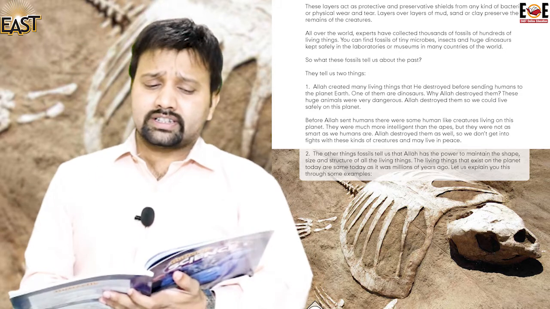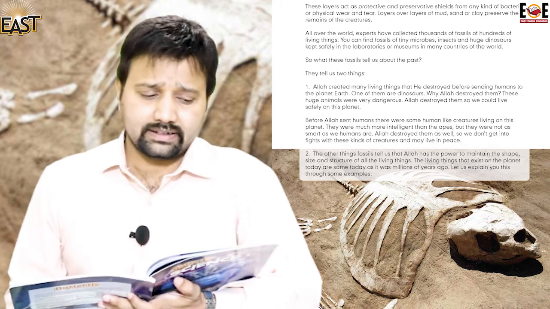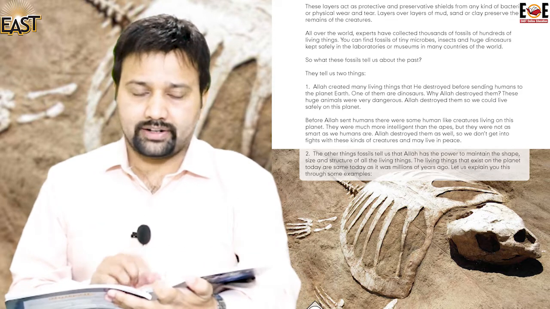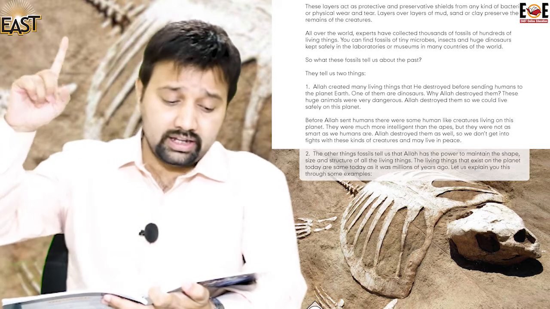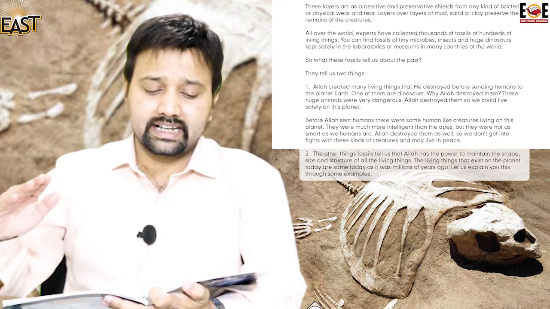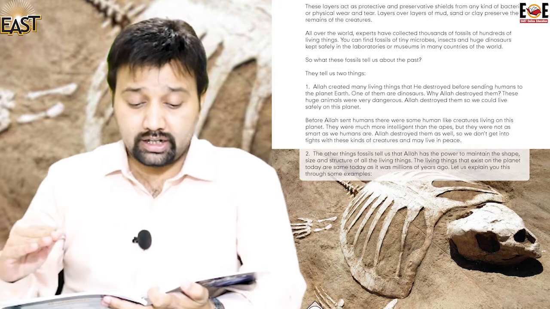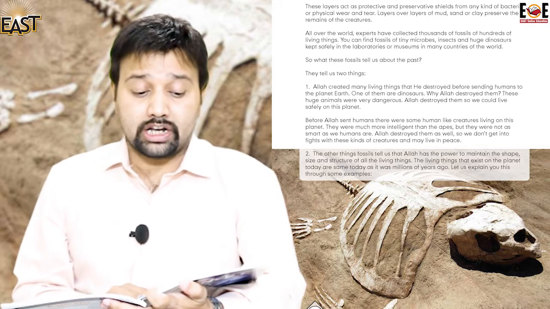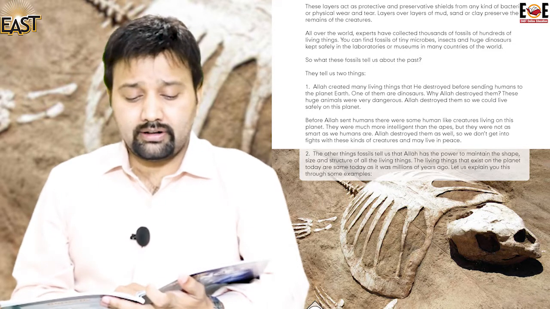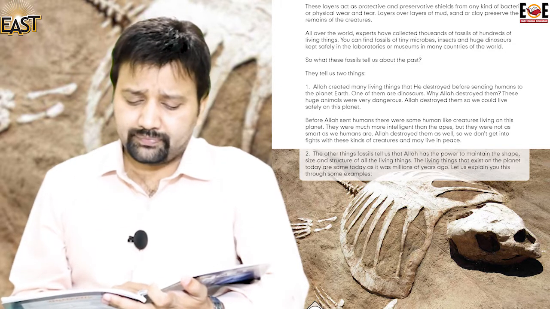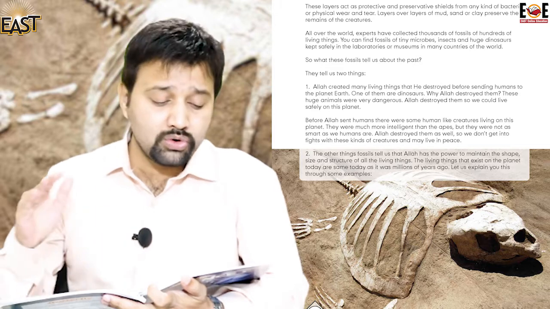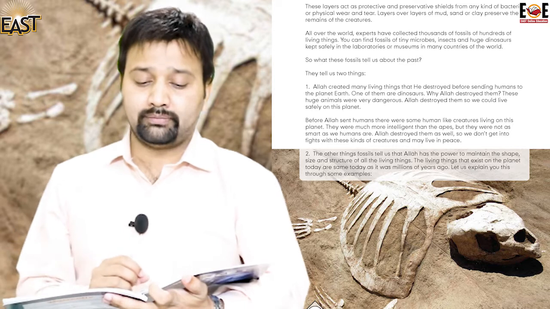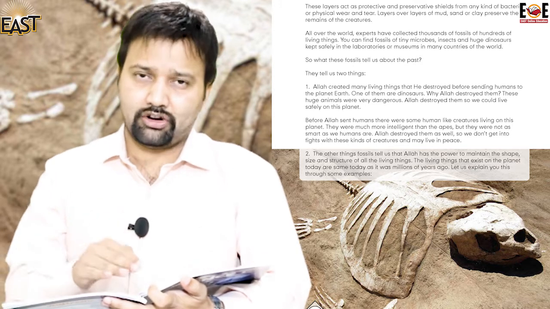So what do these fossils tell us about the past? They tell us two things. One, Allah created many living things that He destroyed before sending humans to planet Earth. One of them is dinosaurs. Why did Allah destroy them? These huge animals were very dangerous. Allah destroyed them so we could live safely on this planet.